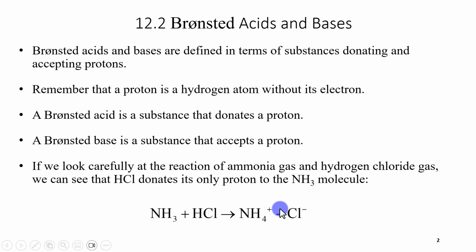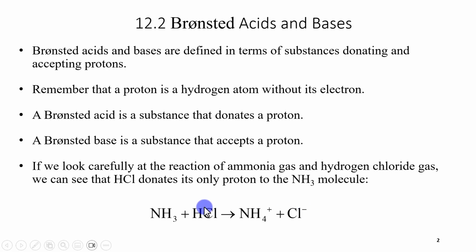Therefore, NH3 is accepting a proton. Because it accepts a proton, it is a Bronsted base, and the acid, therefore, is going to be HCl, because HCl is giving off an H plus, and what's left over is a Cl minus.